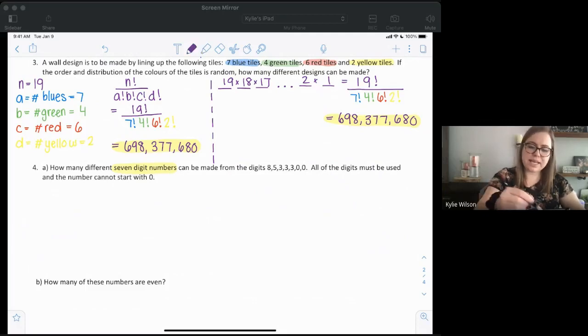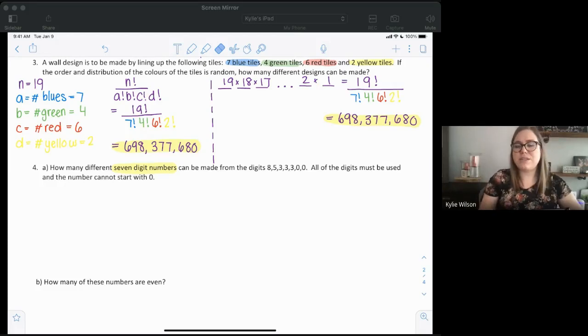It's very typical that we don't want the number to start with 0, because then it's not a 7-digit number anymore, right? If I had a 4-digit number like this, I could also write it like this, right? The 0 doesn't make it a 4-digit number, so we can't start with 0.